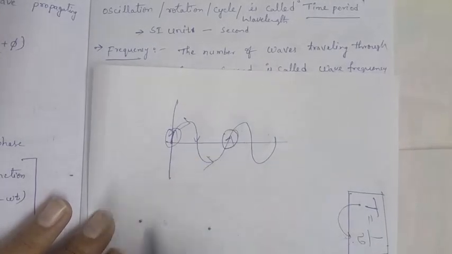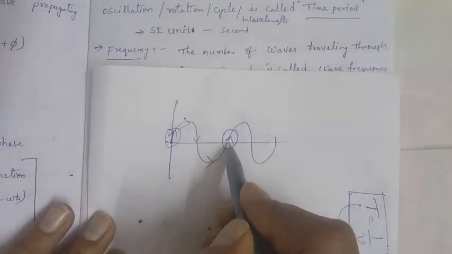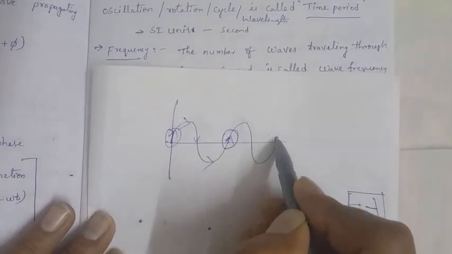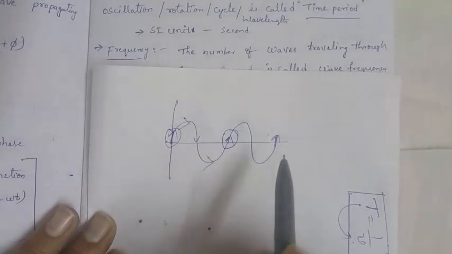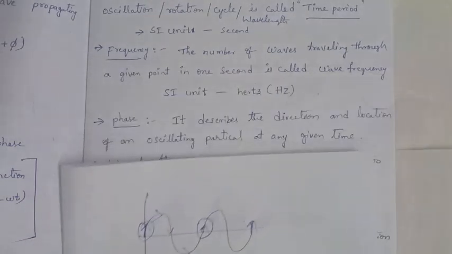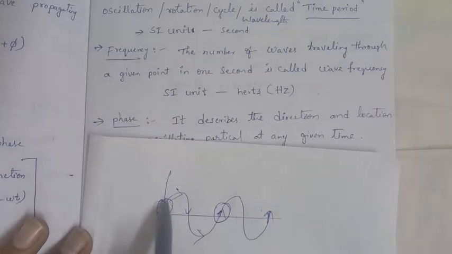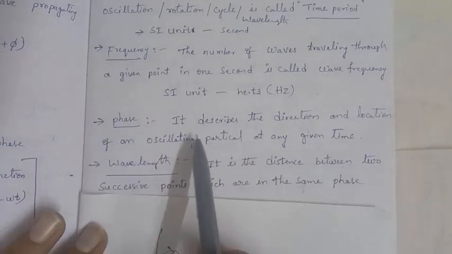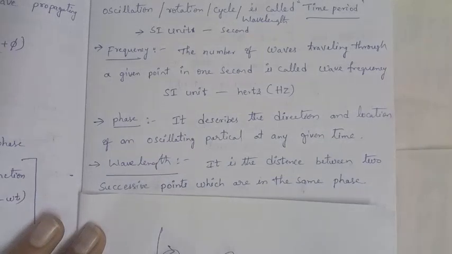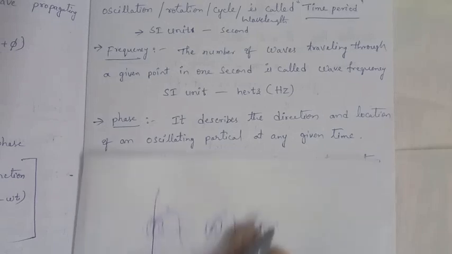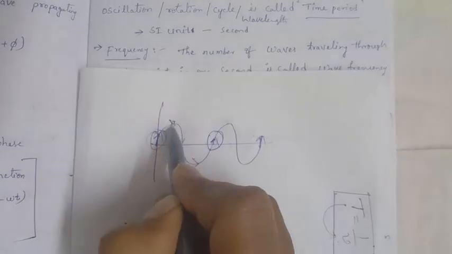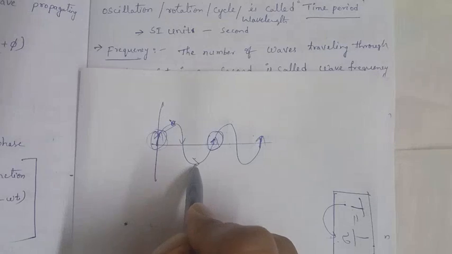These two are in the same phase. For every 2 pi, from here it is the upward direction, and next here too. For every 2 pi, it will repeat the same phase. So phase means that. It describes the direction and location of an oscillating particle at any given time. So at this time, what is the direction?